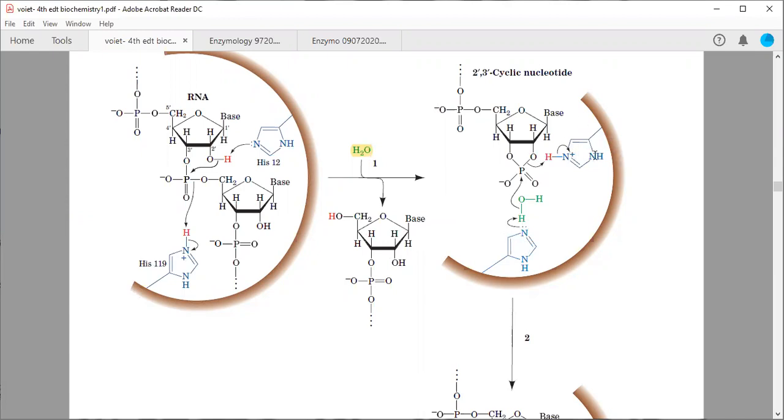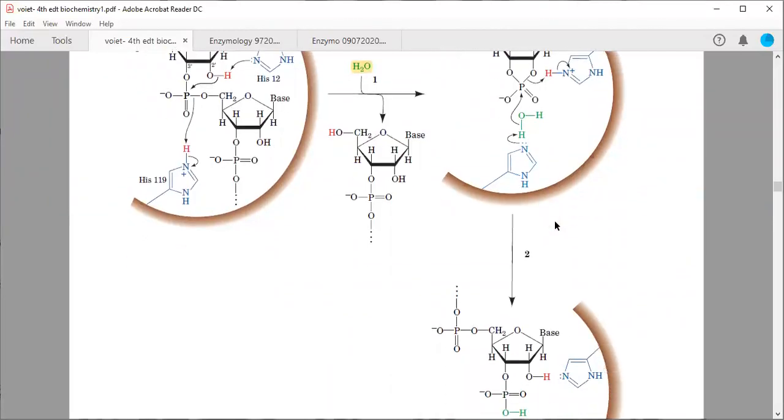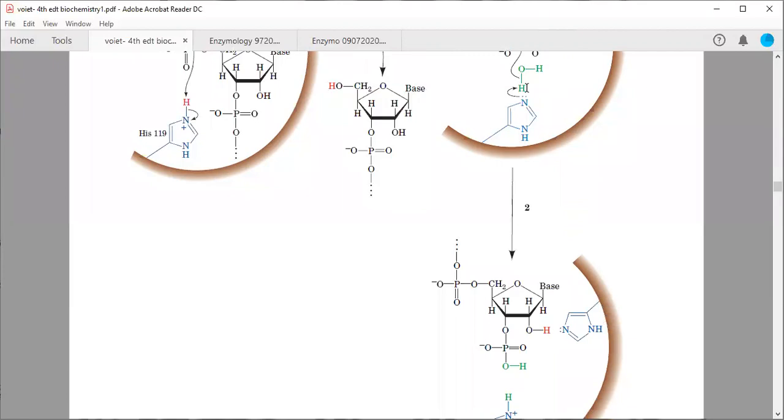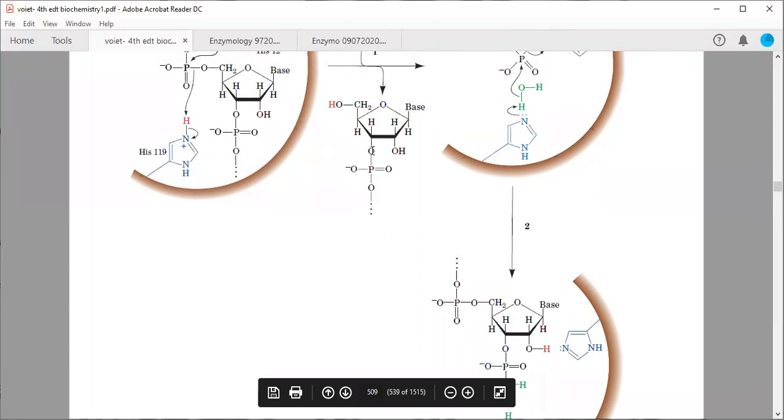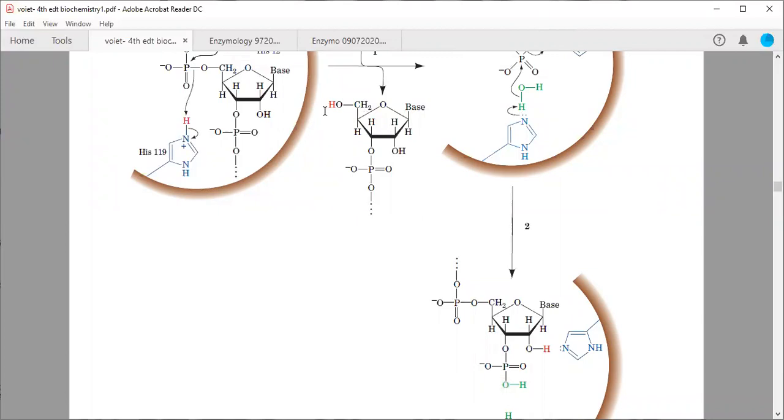So this will act like an acid, this will donate, so that will act like a base, and the water molecule is helping in the hydrolysis, so that the OH which is coming from the water will come over this 3' position of the ribose sugar, whereas the hydrogen, which is donated by histidine itself, will come here.